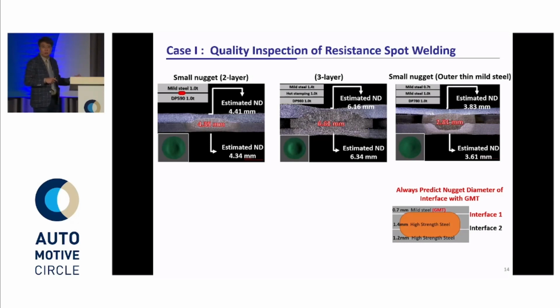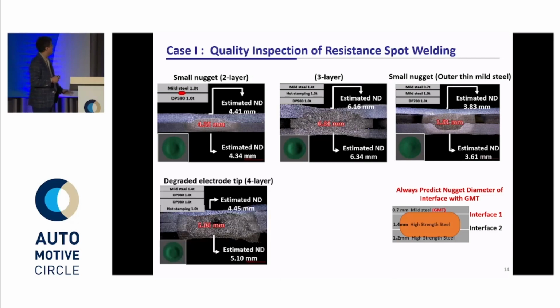However, if you get to a smaller nugget, the accuracy of the estimation becomes a little lower. So it's a little bit overestimated, but I think this is good enough to guarantee the good or bad weld judgment. Also with a degraded electrode tip, 5.06 millimeter was measured and the estimate was 4.45, and bottom side 5.10.